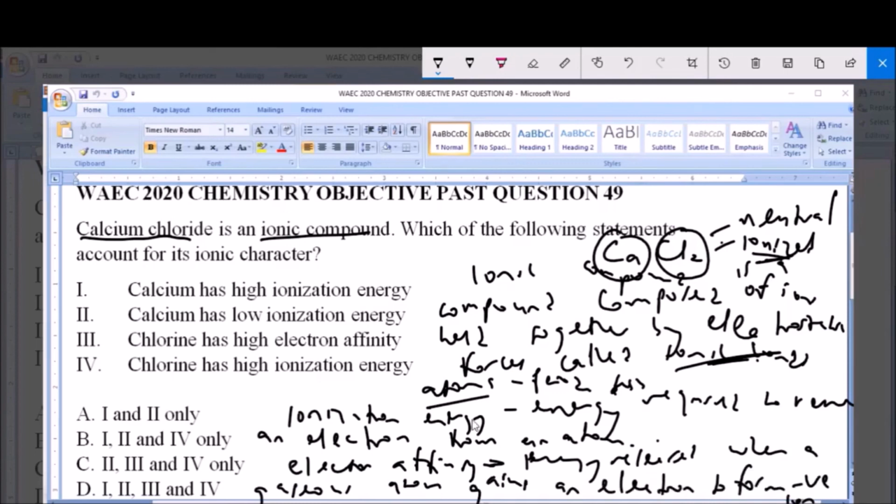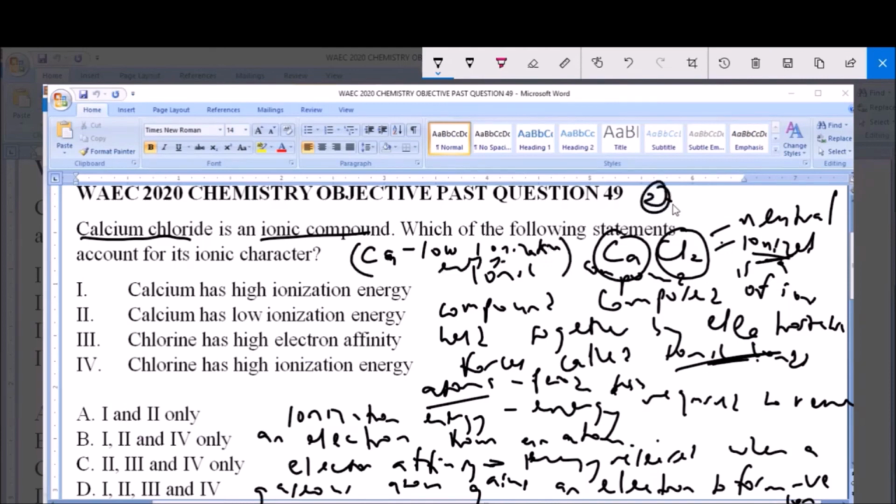So from these definitions we have seen, other important things to note is that calcium has a low ionization energy, because you require less energy to remove an electron from calcium. Calcium has only 2 valence electrons, so you require less energy to remove the valence electrons.